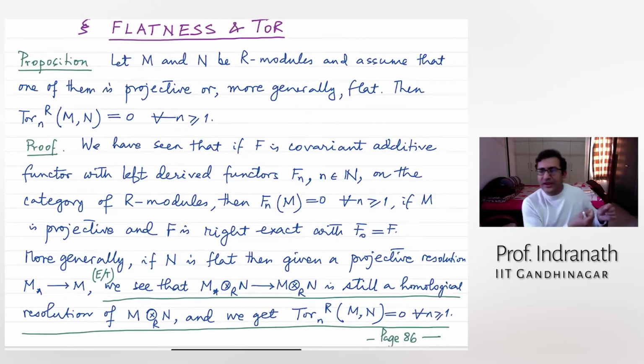And if one of them is just the trivial one, then obviously the homologies will be 0. So more generally, if N is flat, then given a projective resolution M_* to M, we see that this is still a homological resolution of M_* tensor N, and we get this is 0. So this is essentially what Joydeep was using that day.